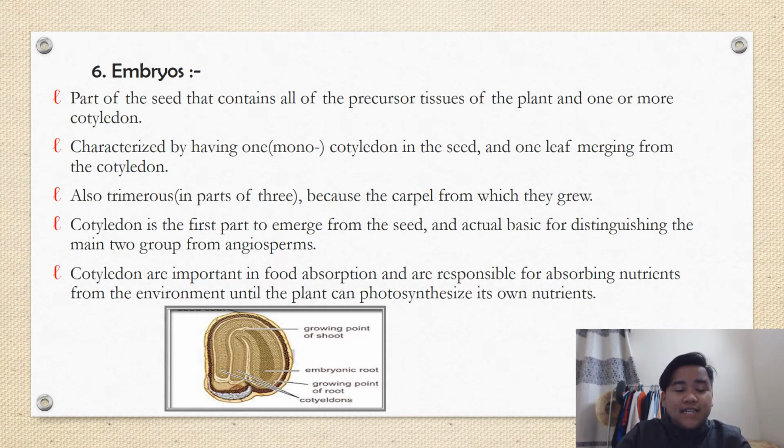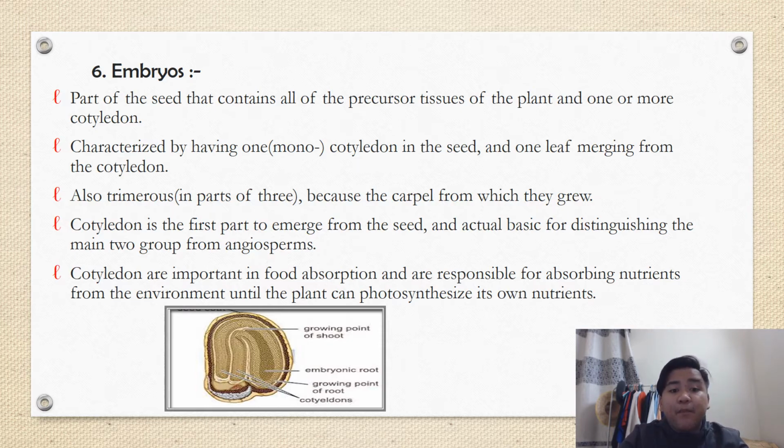Okay, last is number 6, embryos. The embryo is the part of the seed that contains all of the precursor tissue of the plant and one or more cotyledons. As the name suggests, monocots are categorized by having one cotyledon in the seed and one leaf emerging from the cotyledon.